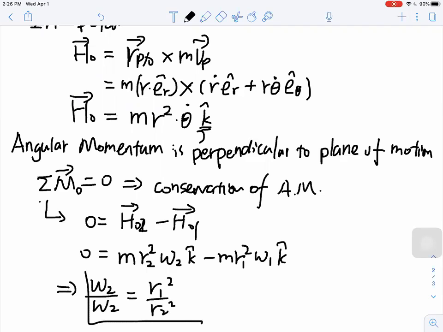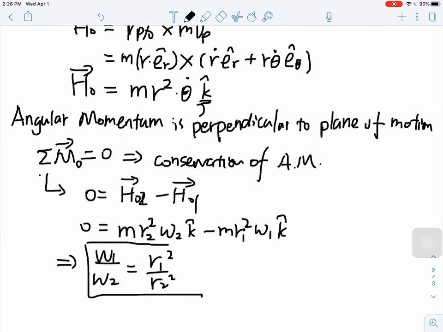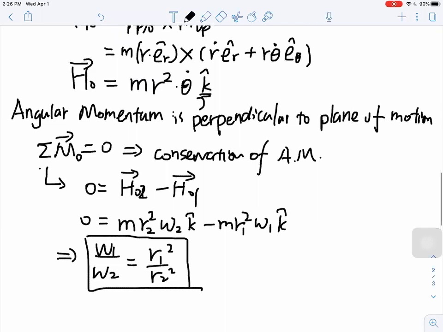Oops, on the bottom here should be 1. Omega 1 over omega 2 equals R2 squared over R1 squared. That's a conclusion you can get under the conservation of angular momentum.